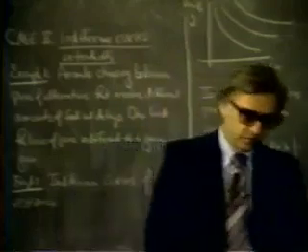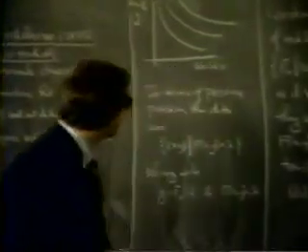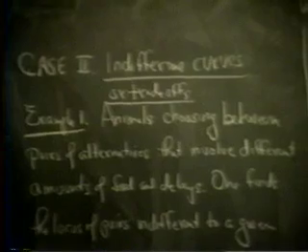The second way in which numerical data often arise for conjoint structures is in the form of indifference or trade-off curves. I'll give a couple of examples.